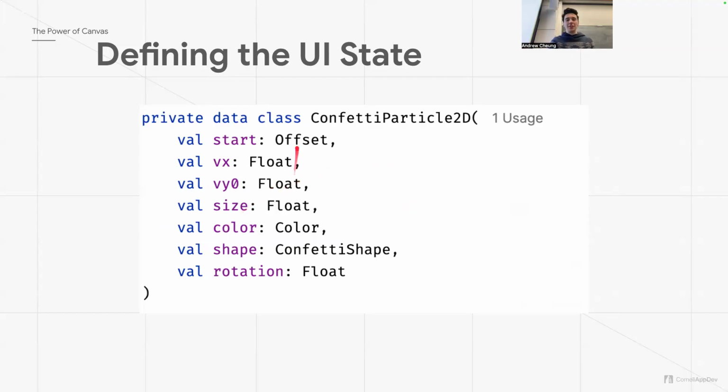So it has a start position, an X velocity, a Y velocity. It could have a size, a color, and then a certain shape, which we defined. I think she might have defined this as an enum, if I remember correctly. And then there's also a rotation. This will make it easier for us to have a list of particles that we can iterate through and draw.